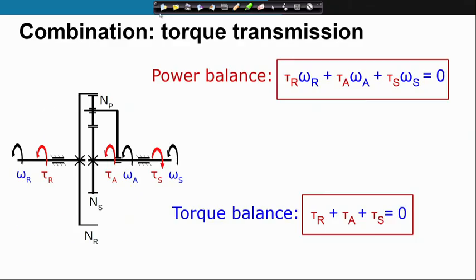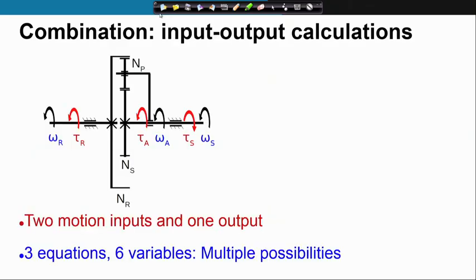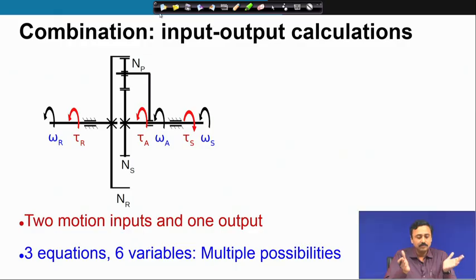So, what do we have finally? We have 2 motion inputs and 1 output, and we have obtained 3 equations in 6 variables. So, what are these 3 equations? One equation was the kinematic relation between omega sun, omega ring and omega arm in terms of the number of teeth on the sun and the ring.